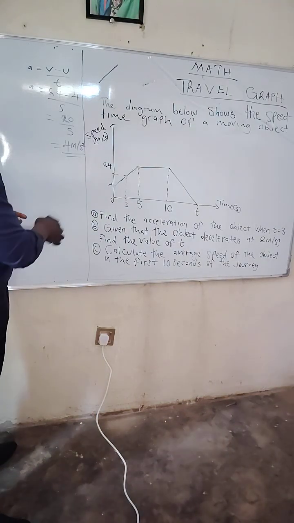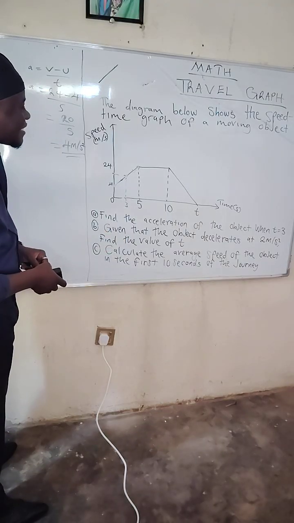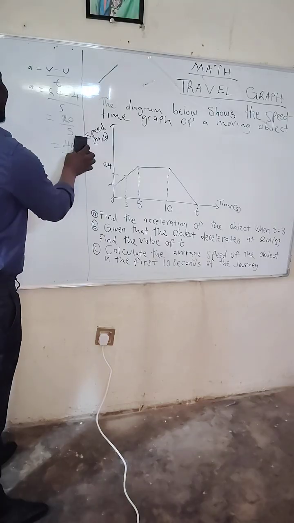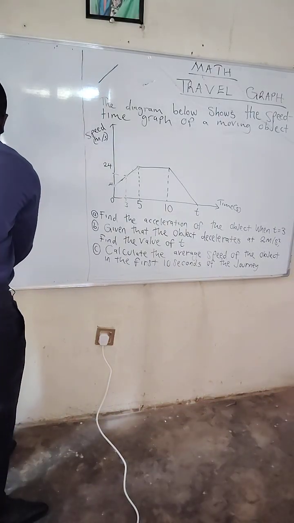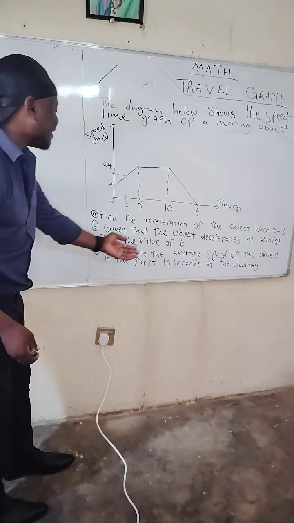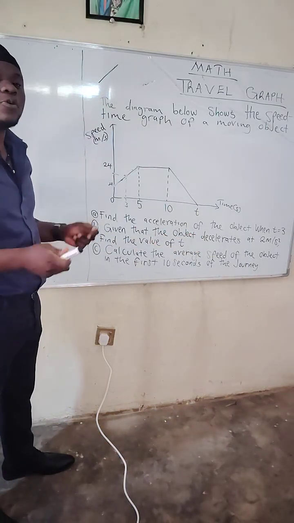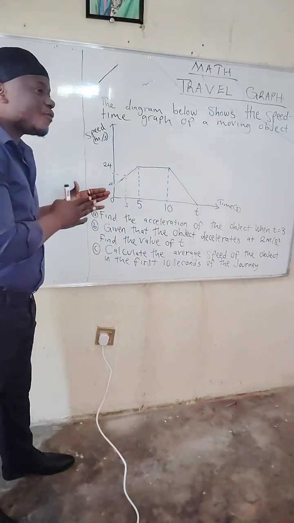The next one is saying, given that the object decelerates at 2 meters per second squared. The key word there is decelerate. When you hear decelerate, just know that it's the opposite of acceleration.